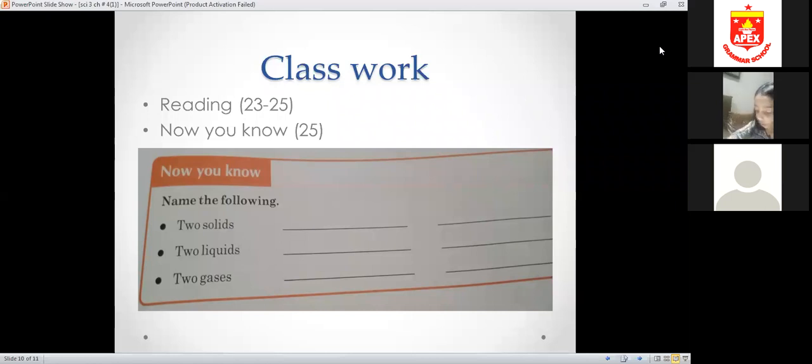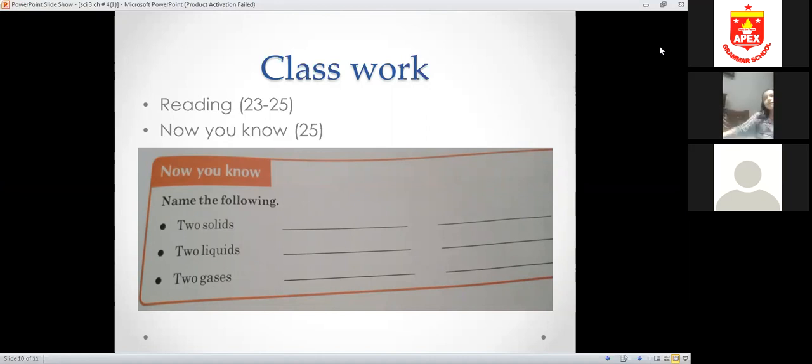The wooden block can, but water needs to be kept in a container. It does not have any shape of its own. Things that have a definite shape are called solids. Thank you, Tuba.